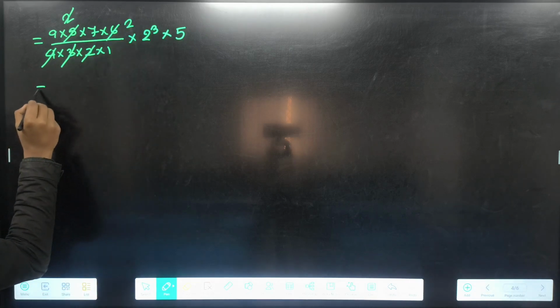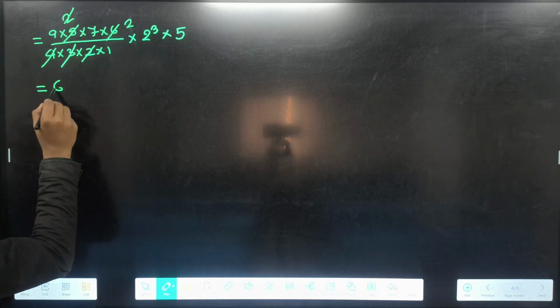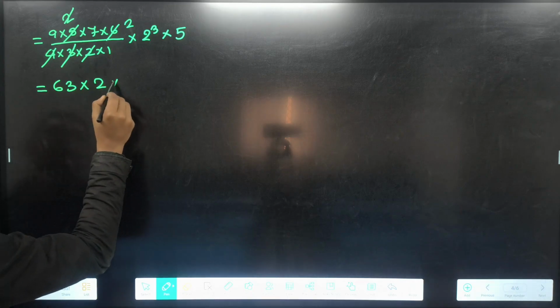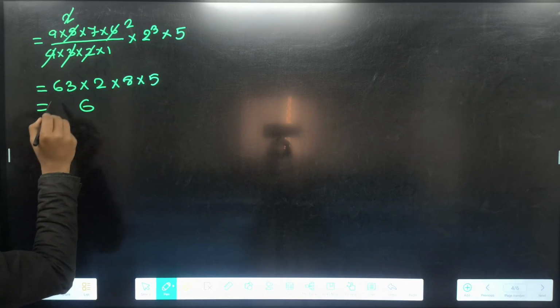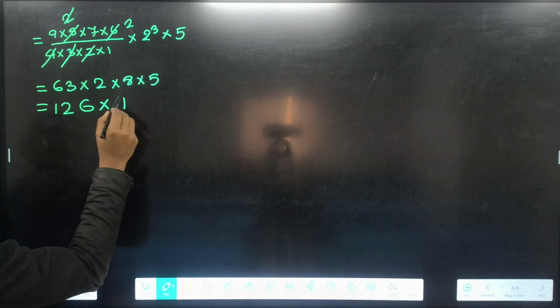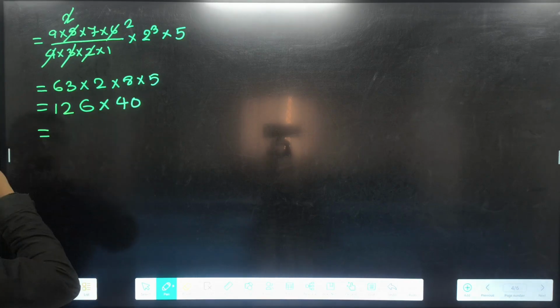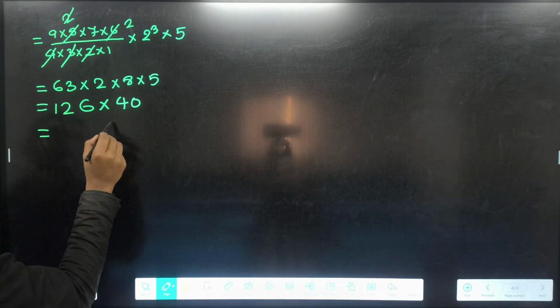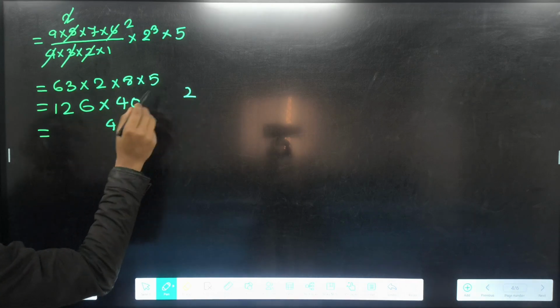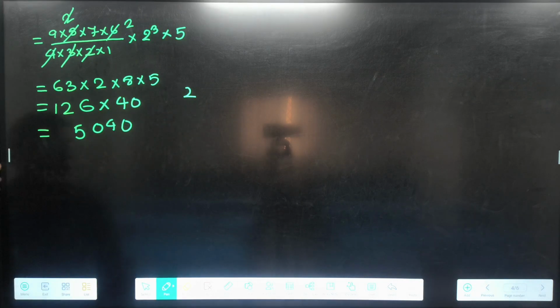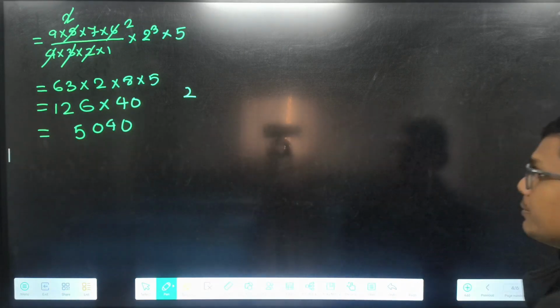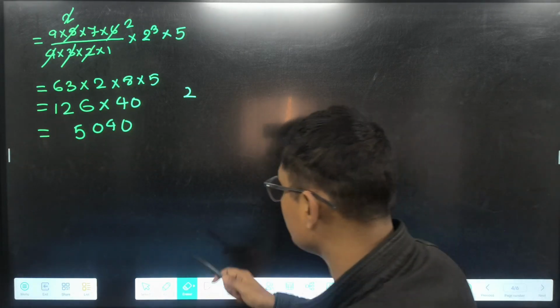Now we need to do the calculation. 9 sevens are 63, into 2 into 8 into 5. So 2 threes are 6, 2 sixes are 12, 8 fives are 40. So our final answer will be 6 fours are 24, carry 2, 4 twos are 8, plus 2 is 10, 0 carry 1, 4 ones are 4, so 5040. So our answer finally became 5040.